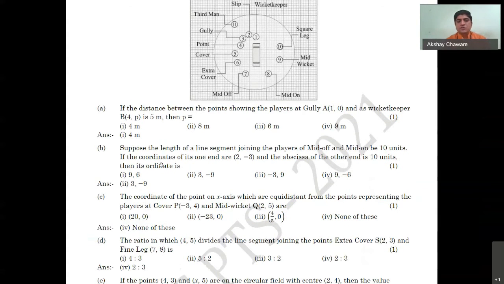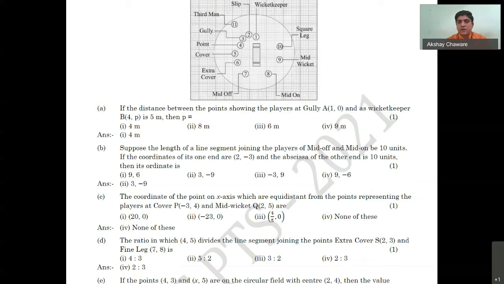Now in the second, suppose the length of a line segment joining the players of mid-off and mid-on be 10 units. If the coordinates of its one end are 2, -3 and the abscissa of the other end is 10 units. Abscissa means x coordinate, and ordinate is y coordinate. So again, here 2 points are given.